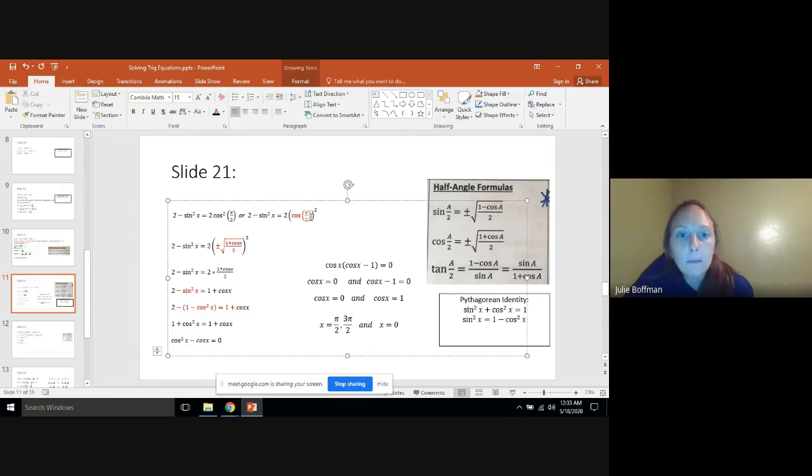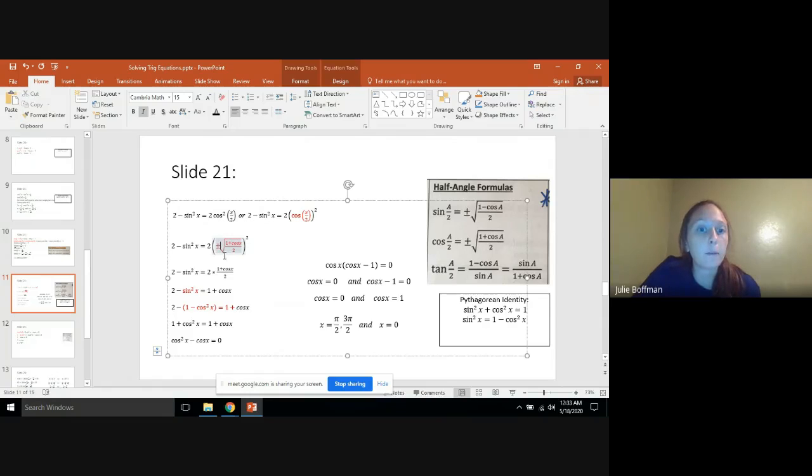So now I put it in red. Cosine x over 2 is right here. And then that equals plus or minus the square root of 1 plus cosine x divided by 2. So I replaced it with the half angle formula. Well, now if I'm squaring a square root, that cancels. And also if you're squaring a plus or minus, it doesn't really matter whether it's plus or minus.